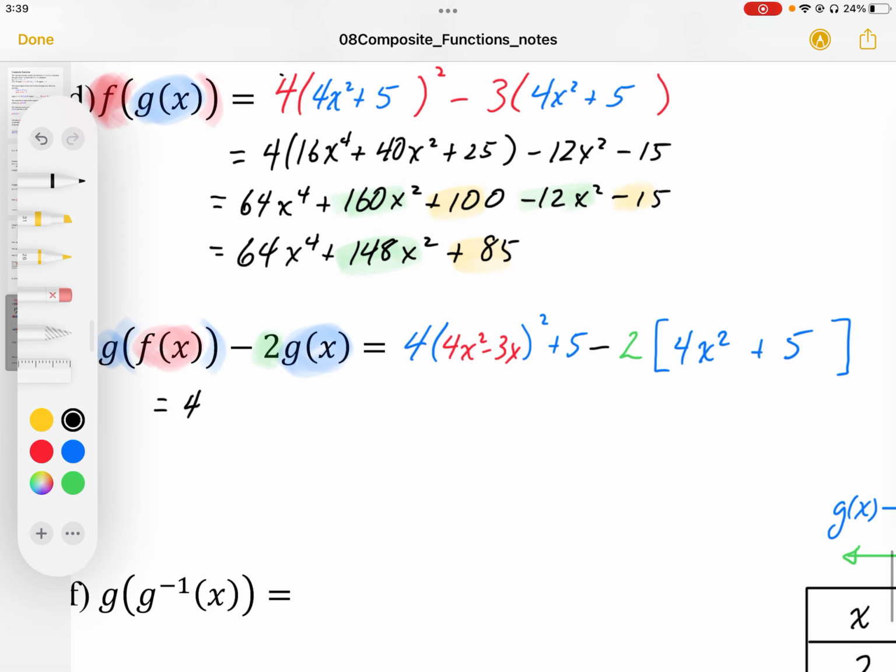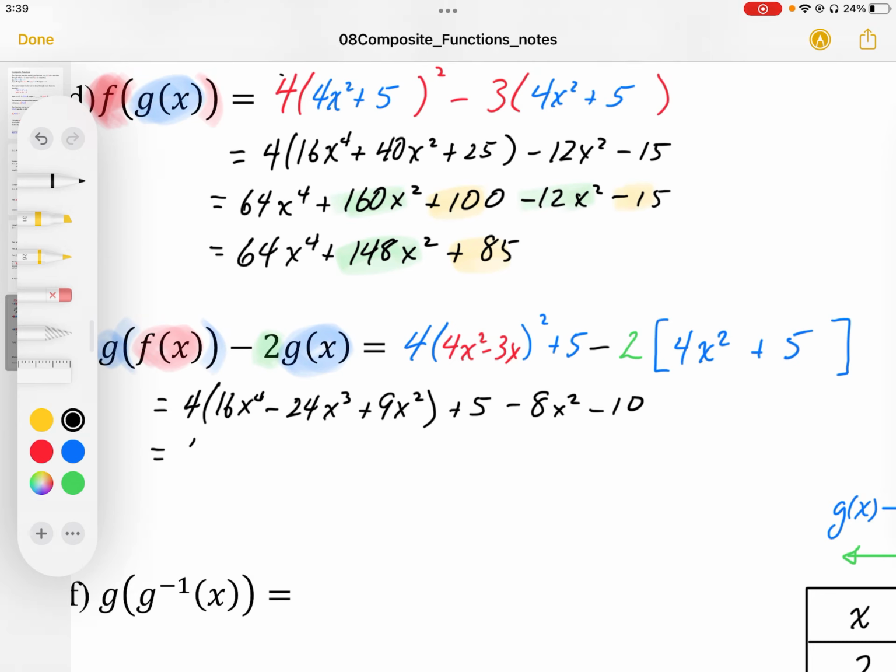So I end up with 4 times 16x^4 minus 12x cubed twice, so 24x cubed plus 9x squared. We already kind of worked this out somewhere, if I recall. So that's going to be that plus 5 minus 8x squared minus 10.